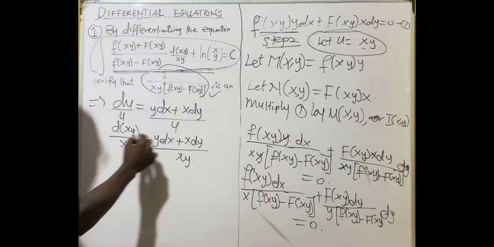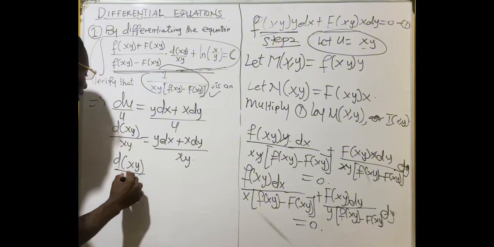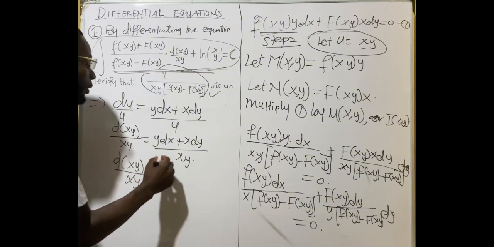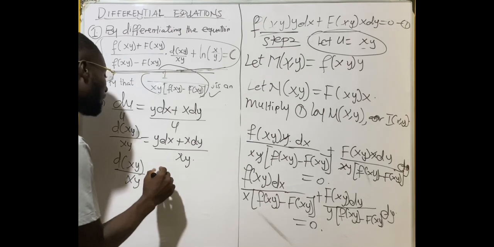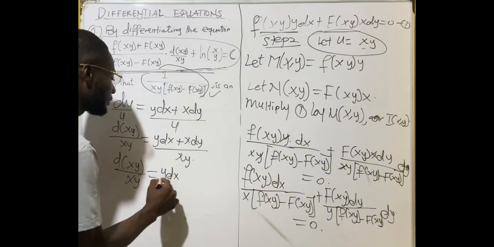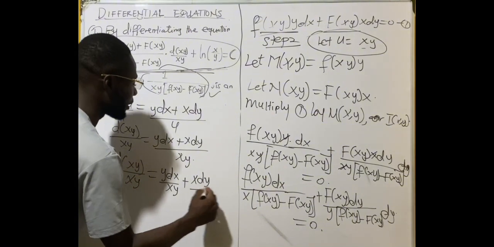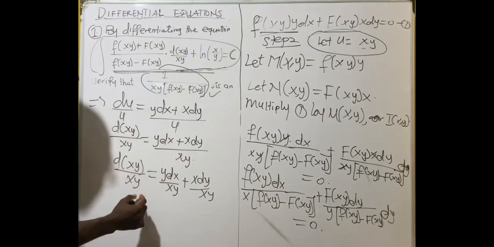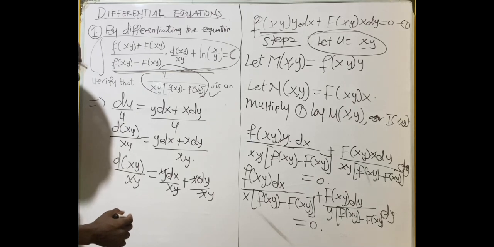When you split these terms, we're going to have y dx over xy plus x dy over xy, right? So this takes care of this, and this also takes up this.